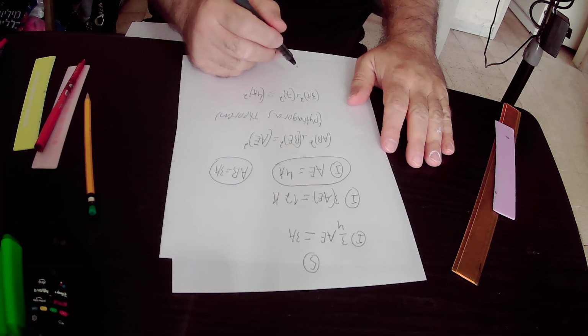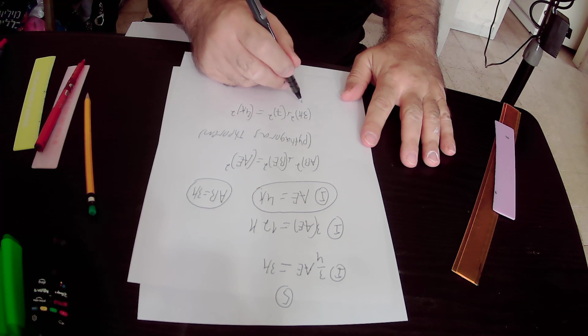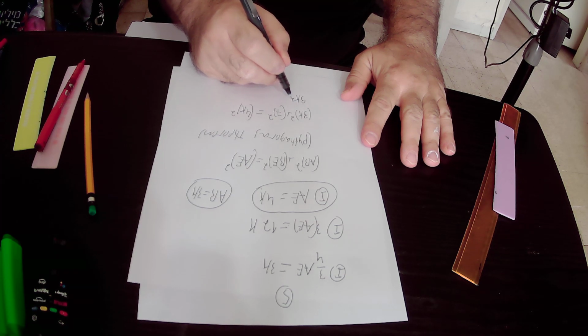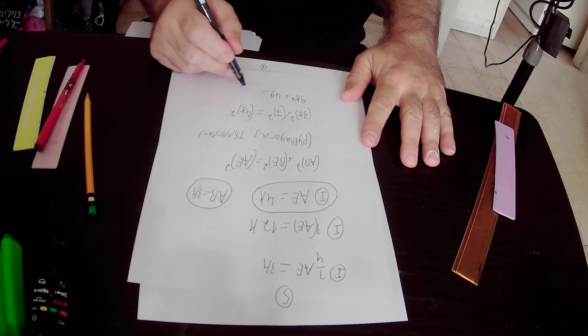3k square is 9k square, plus 7 square is 49, equals 4k square, which is 16k square.